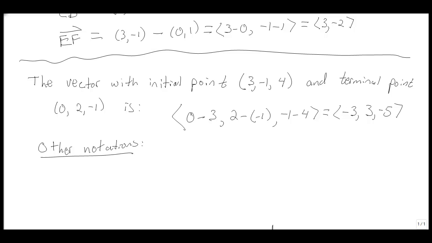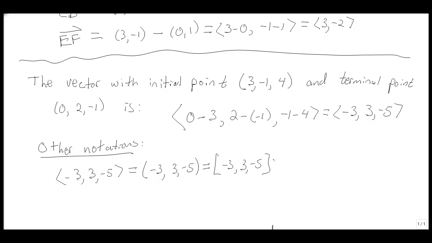Sometimes you'll have people write these with just parentheses instead of these angle brackets. You might even see square brackets. So these are all really just changing the brackets. Not really any difference here.